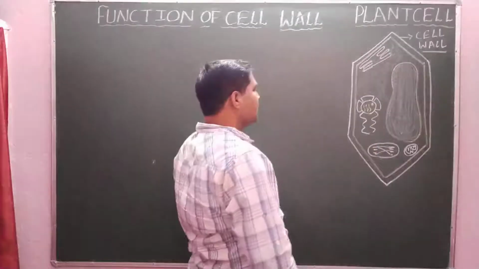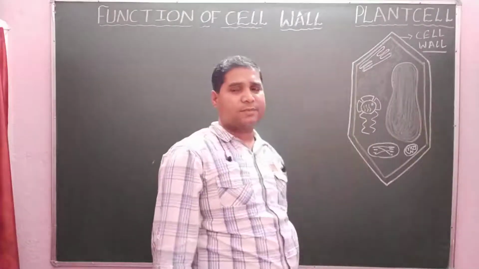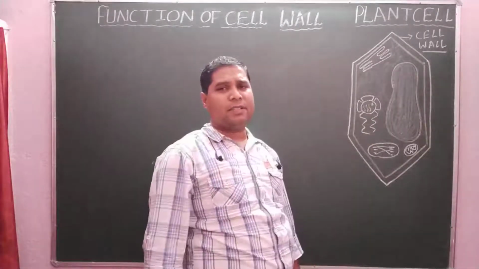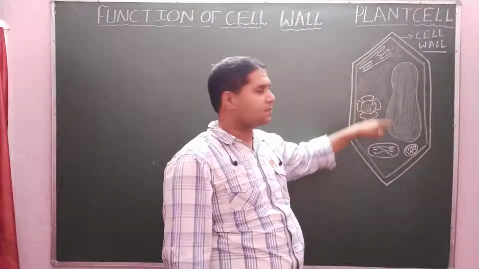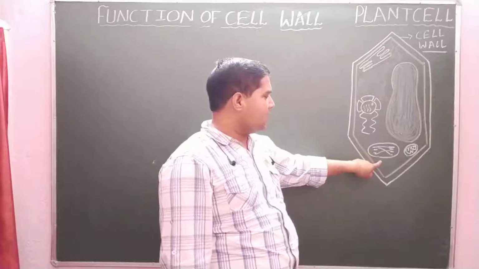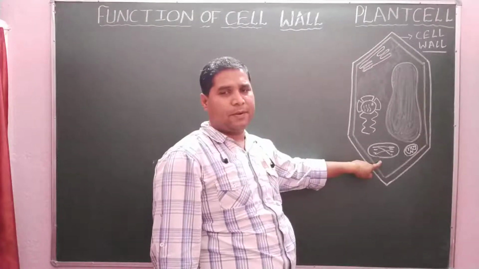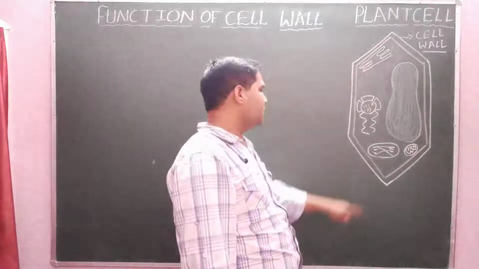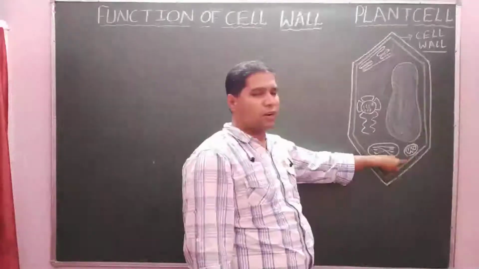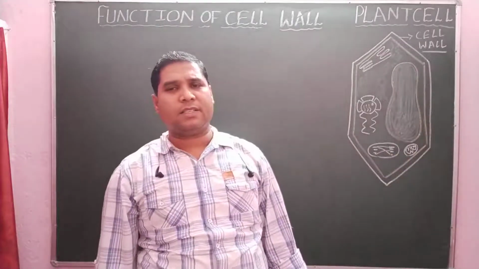Whereas you see, the nucleus is at the periphery, while in the animal cell the nucleus is situated at the center, dear student. See, this organelle is known as the plastid. Plastid is responsible for giving color to the plant. Mitochondria, as you know, is known as the powerhouse of the cell.